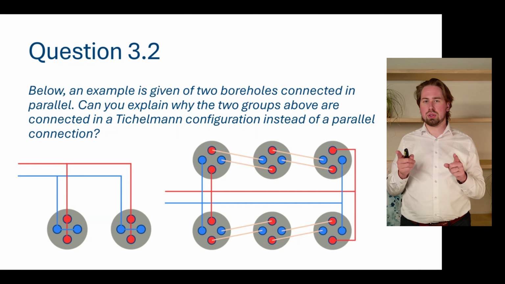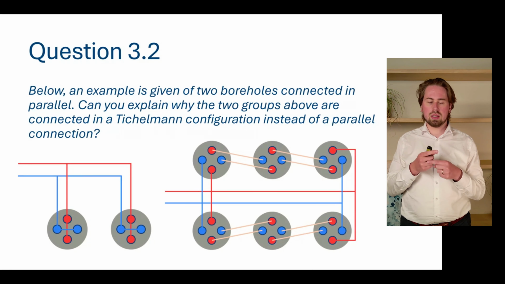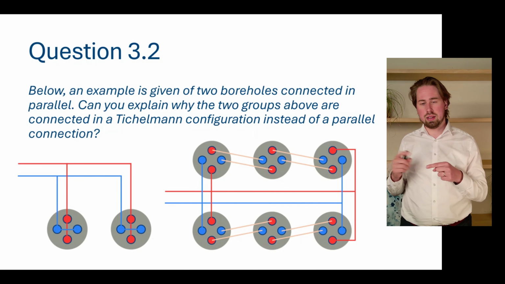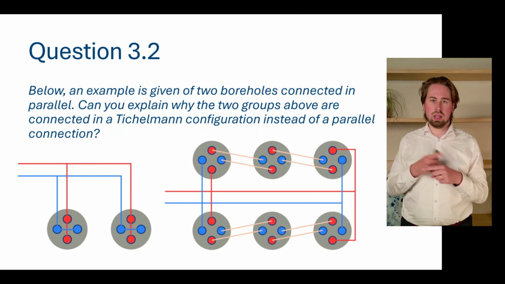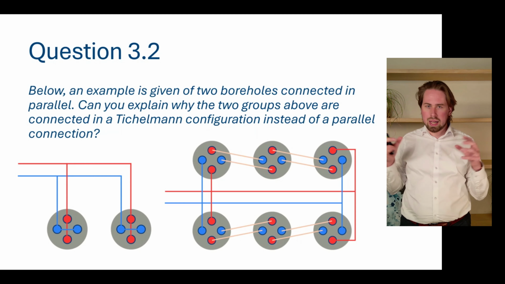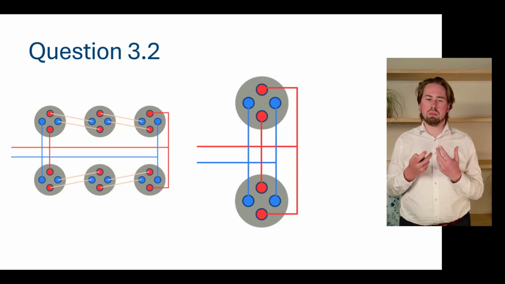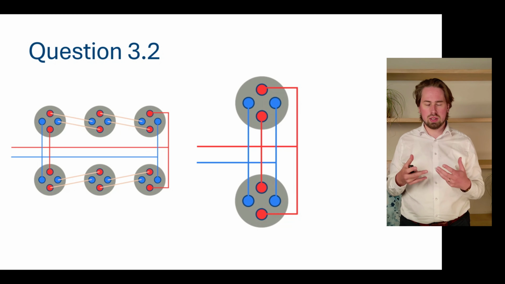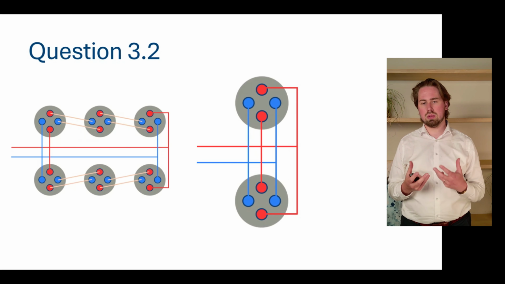But also the flow direction is not identical. So we have one combination of U-tubes where the flow goes from left to right, and the other one where it's from right to left. And this means that we can actually combine these groups into one virtual borehole and actually have the situation here on the right. And if you take a look at it, yes, this is of course a Tickelmann connection.